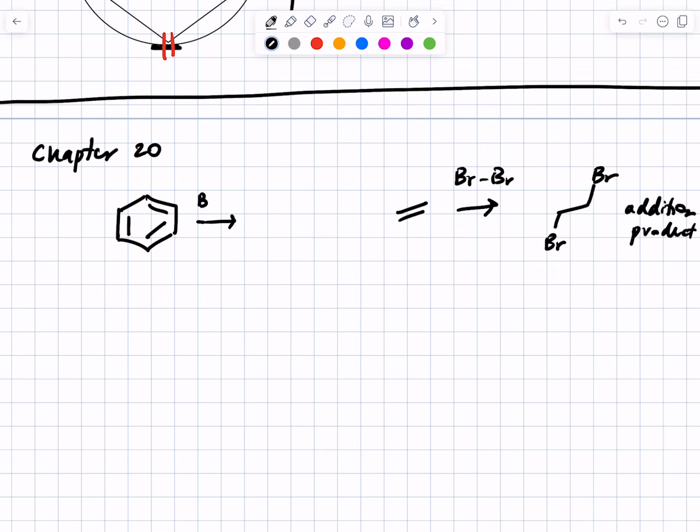It turns out that if you take bromine and the benzene ring, you get no reaction, because the benzene ring is aromatic, and if you imagine what would happen if we tried to do with one of the pi bonds of the benzene ring what we did previously with the alkene, that would be no longer aromatic, right?